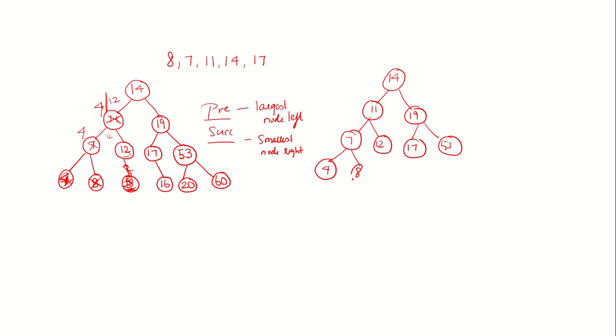So we just have to check the balance factor of the tree after every deletion. That is the only difference. Sorry, this will be 16 and this will be 20 and this will be 60.